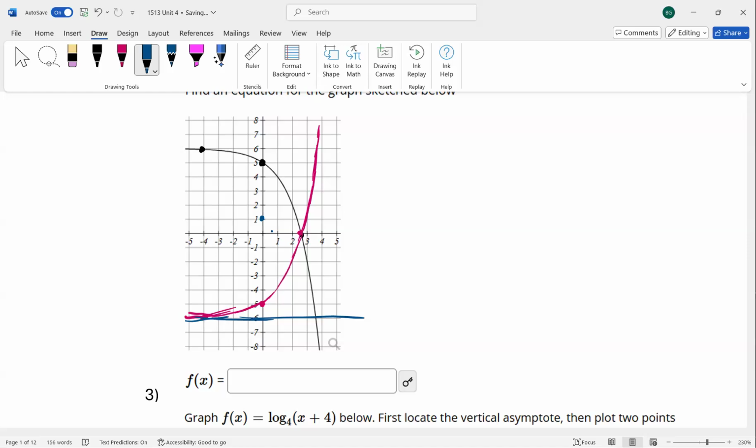If we shift all the points upwards 6 units, we have this point here. We're going to have this 1, 2, 3, 4, 5, 6 here. 1, 2, 3, 4, 5, 6 here. And yeah, we should have a curve like this.